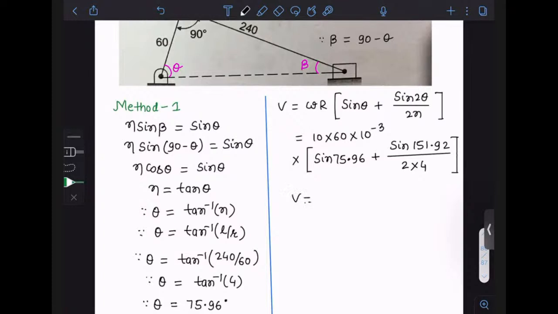What is the answer we are getting, everyone? It's a lengthy calculation, but please tell me. Sine of answer divided by 8 plus sine of 75.96, into 10 into 60 into 10 to the power minus 3. This we are getting 0.6.